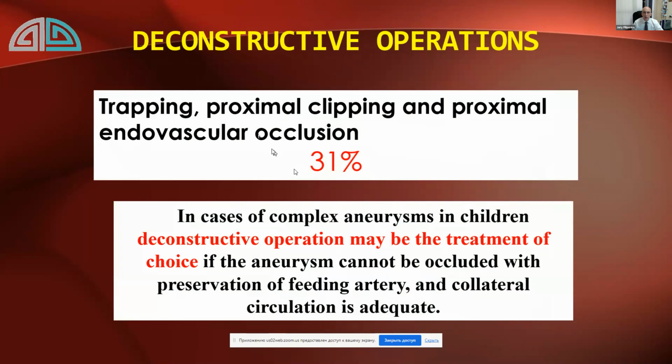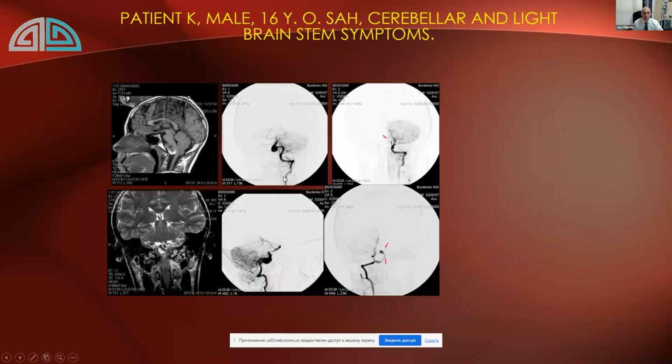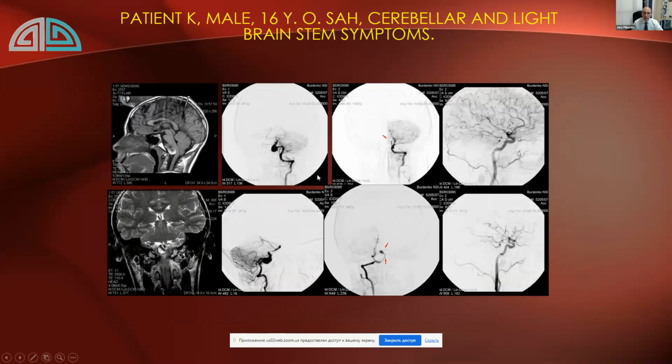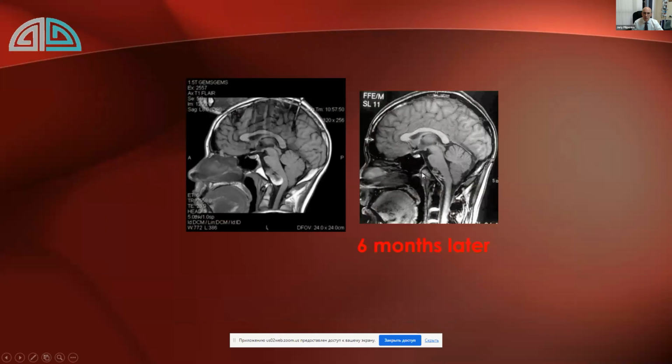One of our conclusions was that reconstructive operation may be the treatment of choice in this group, because children tolerate this surgery very well. Example: in this patient with a basilar artery aneurysm, both vertebral arteries were occluded by the endovascular route, and this is the follow-up at 6 months, almost total disappearance of the aneurysm.